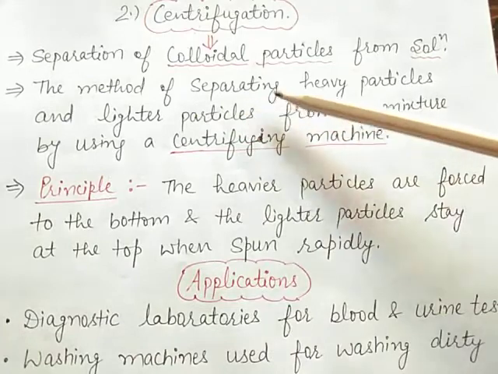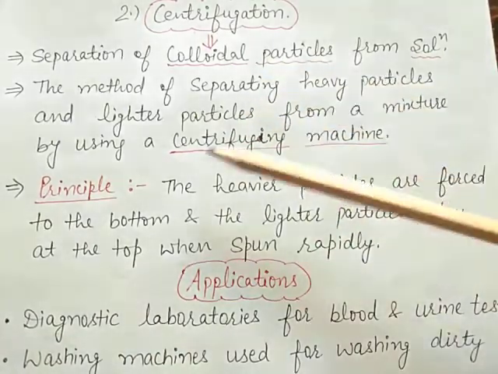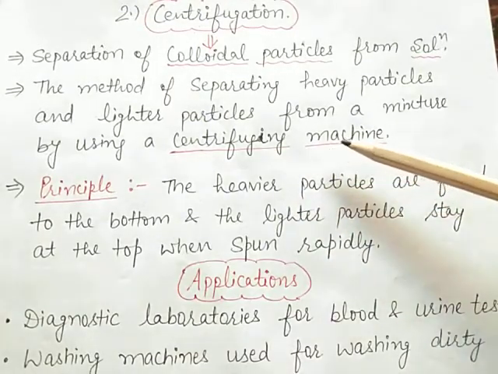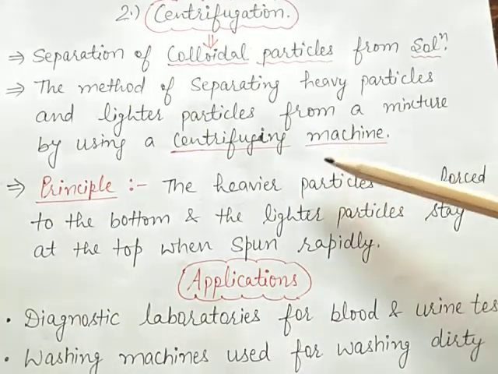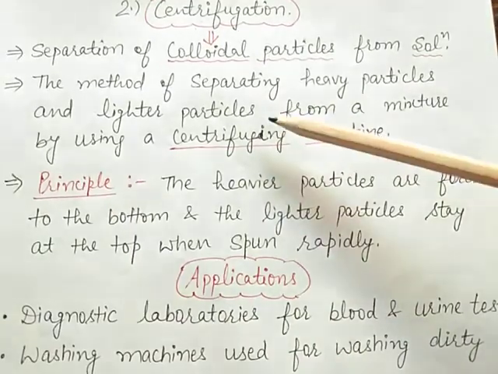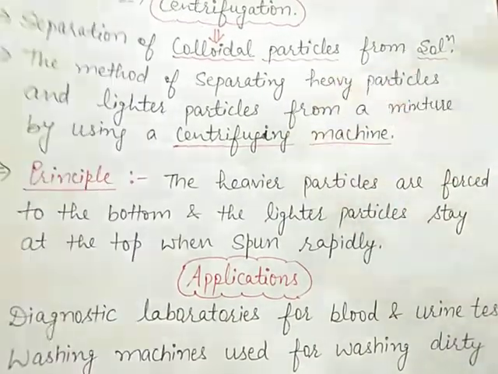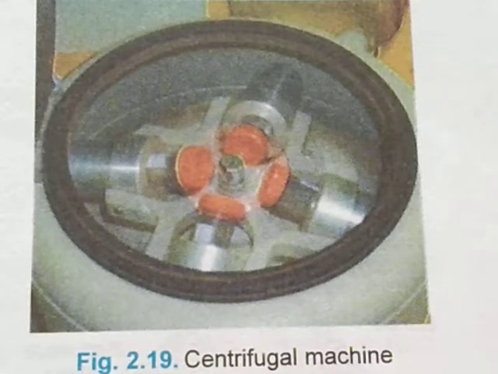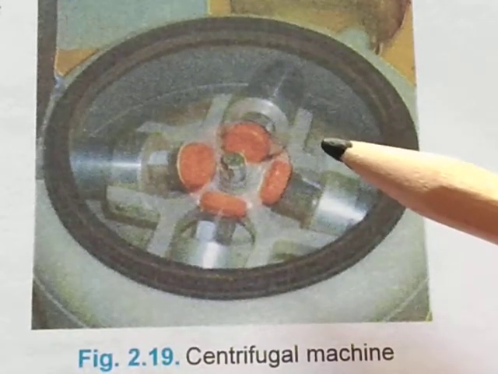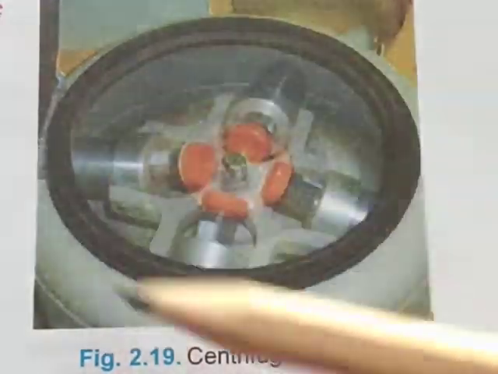This method is used for separating heavy particles and lighter particles from a mixture by using a centrifuging machine. This is a device which is used to separate liquid from solid by spinning.